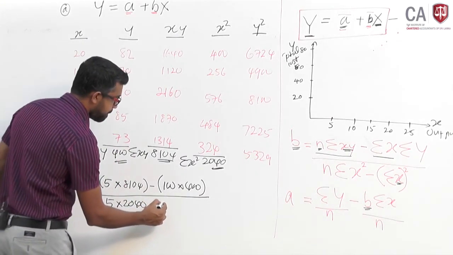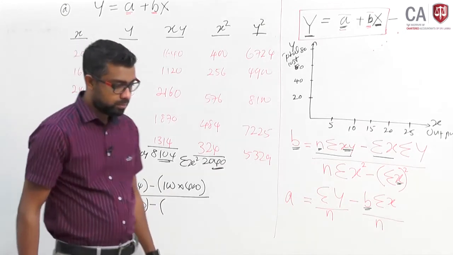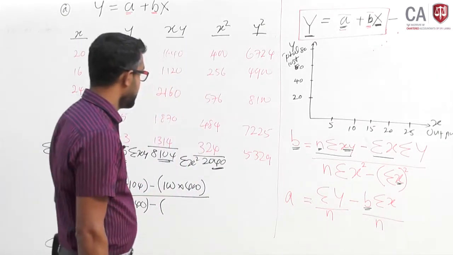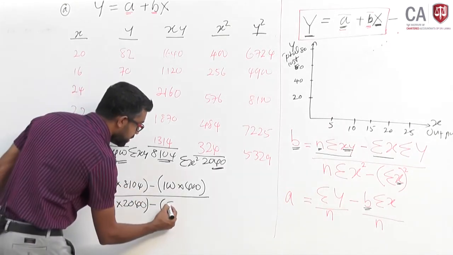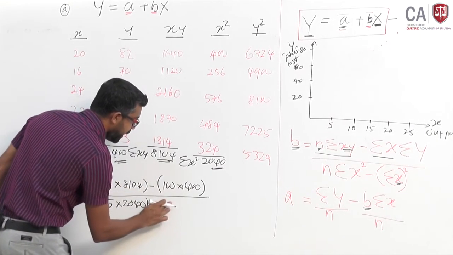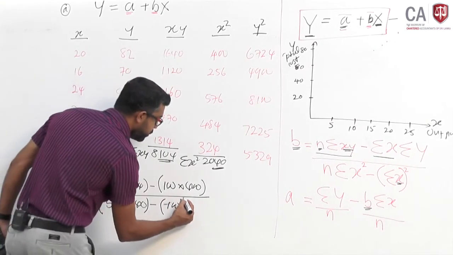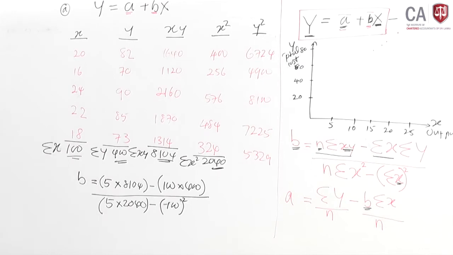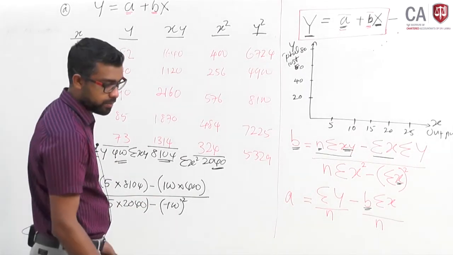Minus, be careful with these numbers again. Within the bracket, sum of x. Be careful, sum of x is how much? 100, into the power of it.